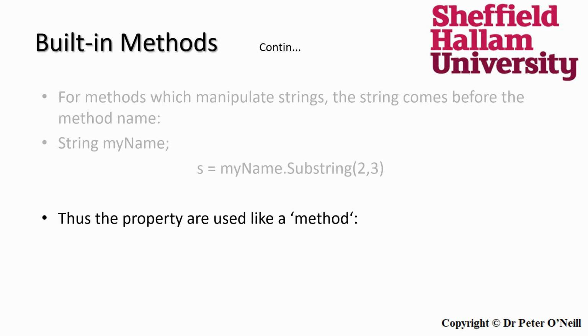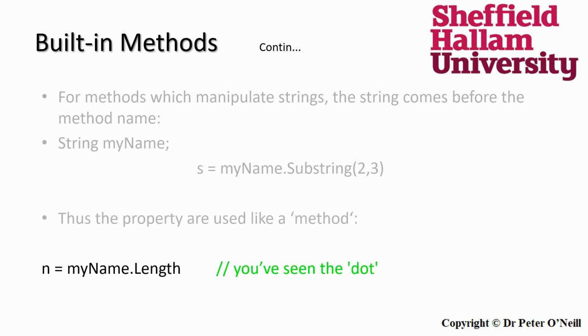Thus, the properties are like a method. n becomes myName.Length. You've seen the dot notation, and length, of course, tells us how long it is. So myName is the variable, and the method is Length, and it returns the number of items in the actual variable.